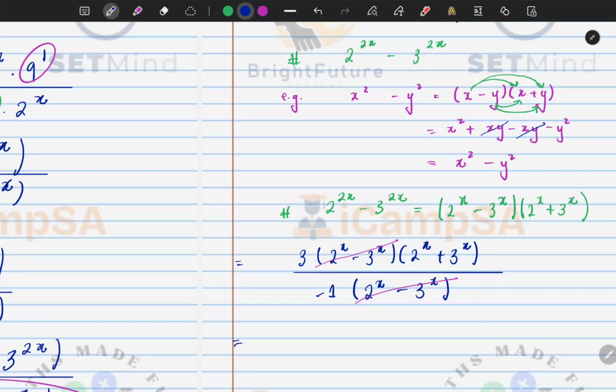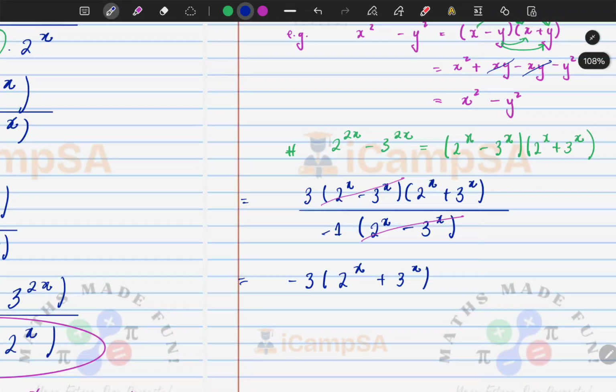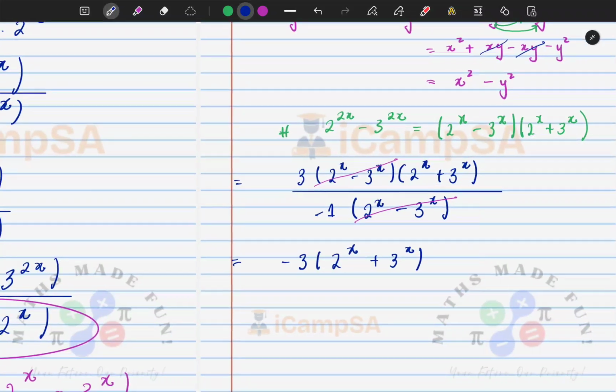So I'm left with negative 1 times 2 to the power of x plus 3 to the power of x. When I'm here, I don't need to simplify it further. I can see that this has already been simplified.